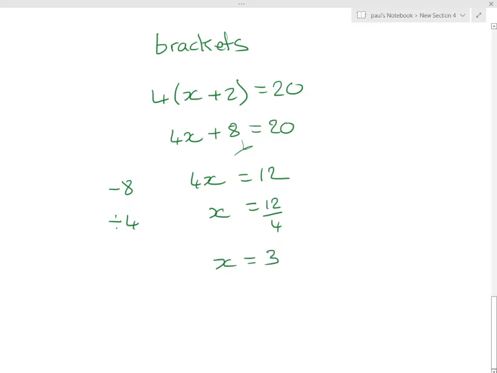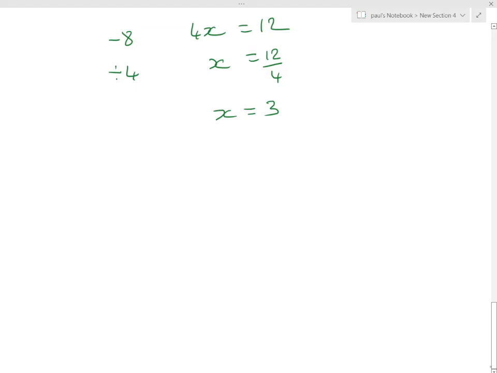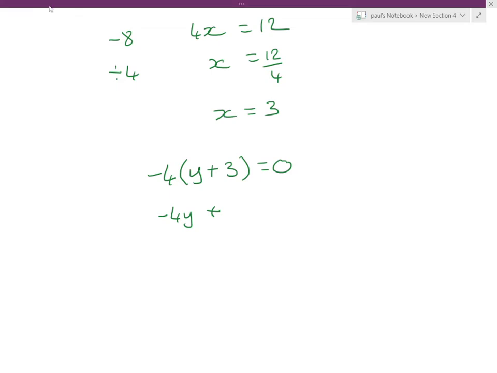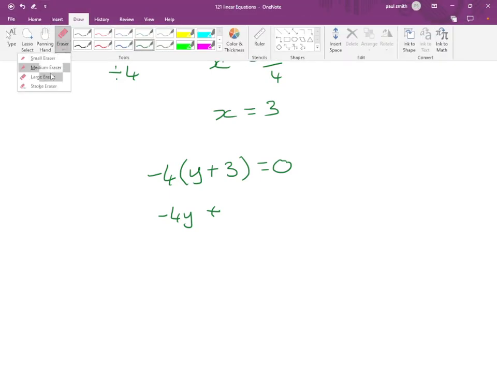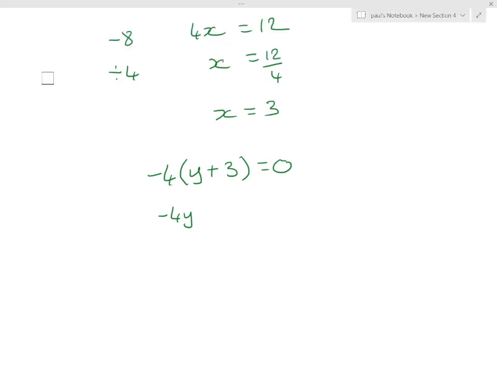So we can introduce a minus with a bracket equals 0. Don't worry about equaling 0. So expand the brackets. Minus 4y plus minus 4 times 3 is, it's a minus, isn't it? Yeah, I put plus without thinking there. I just copied.